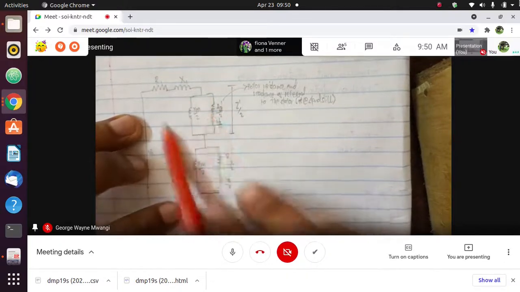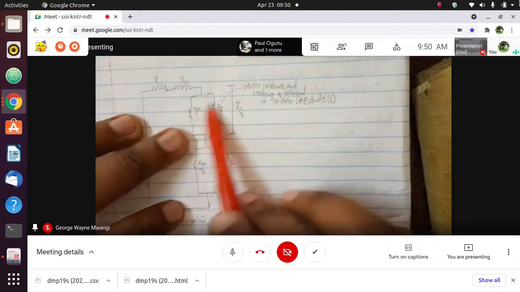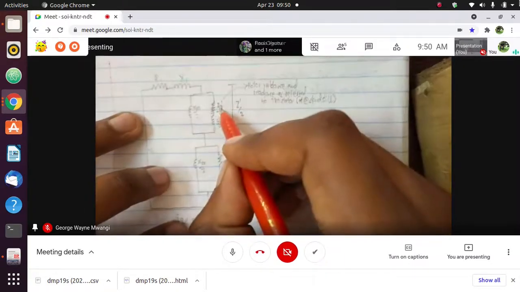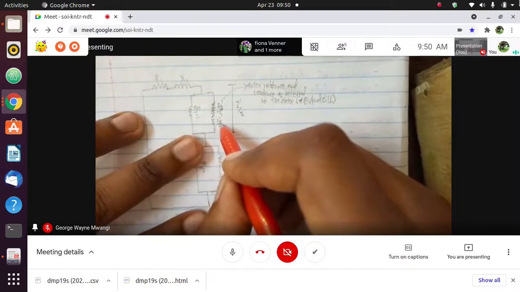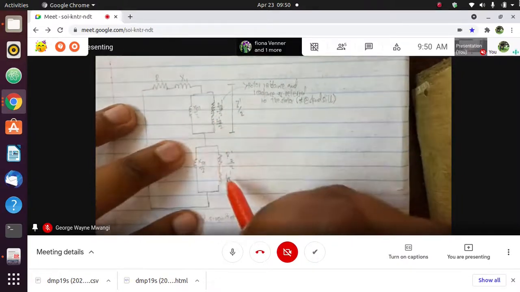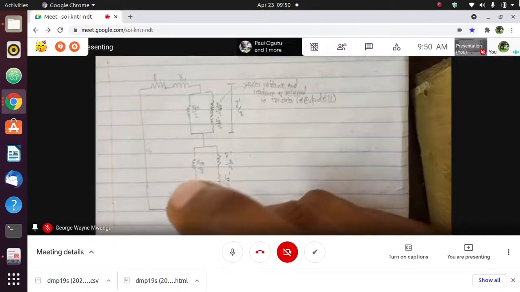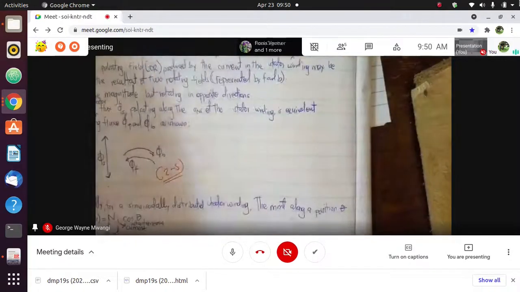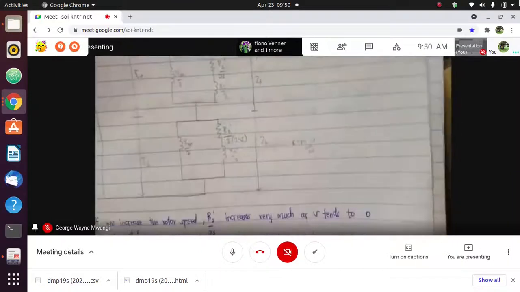The effect of the forward and the backward will be half each. So the resistance will be over 2, the reactance will be over 2, and the magnetizing reactance will be over 2. But once the rotor starts moving, we have to take into consideration slip.